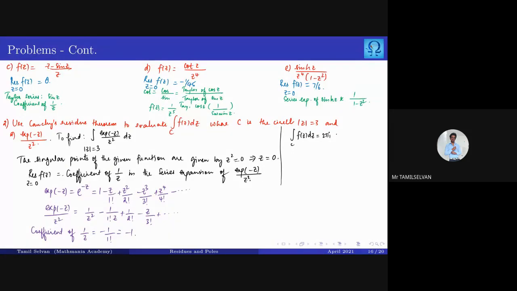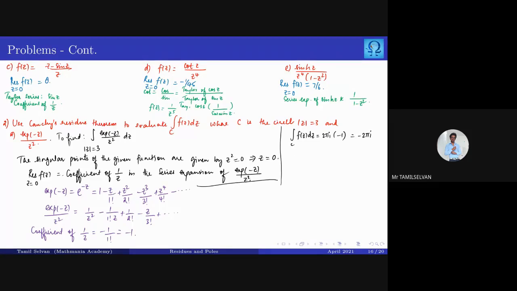So we'll have to multiply this with minus 1. If you have more than 1 point of singularity, then you will have to find out the residues at all the singular points. Finally, add all the residue values and multiply that quantity with 2 pi I. That gives you the integral value, right? Here the integral value is minus 2 pi I.